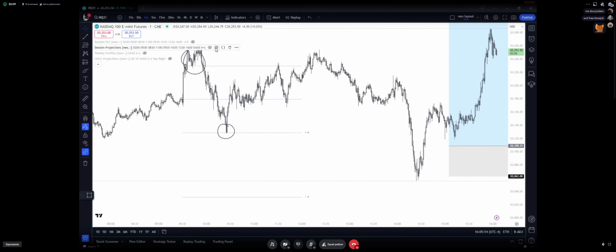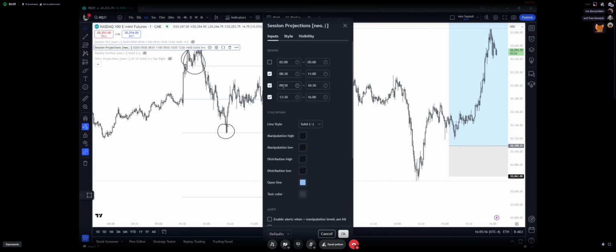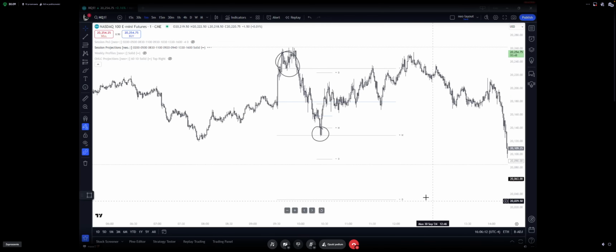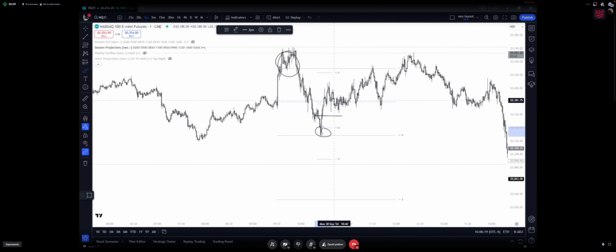You can use it for the Asia session or even a 20-minute macro period, from 9:20 to 9:40, for example. You can get really crazy with it because it's accurate down to the very minute. See that right there? You get the open level, it goes down, and then up to the distribution level.